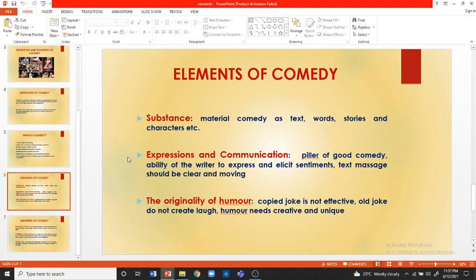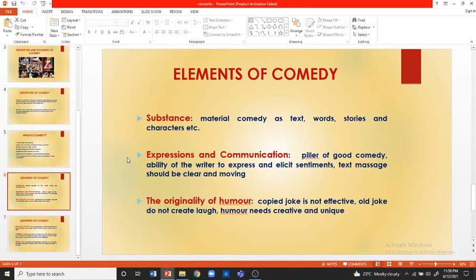Substance is the first element, where we need the material of comedy such as text, words, stories, or characters. When we study expressions and communications, it is a pertinent pillar of good comedy, and the ability of the writer to express and elicit sentiments and emotions is very important here.